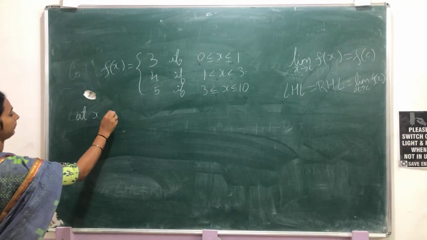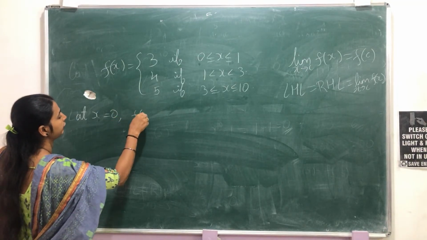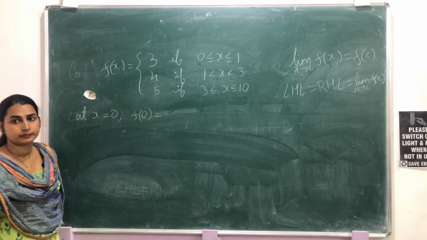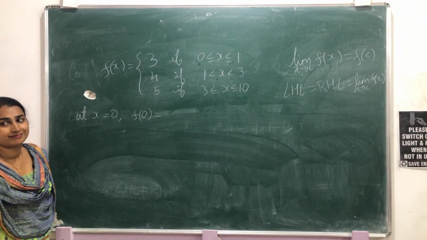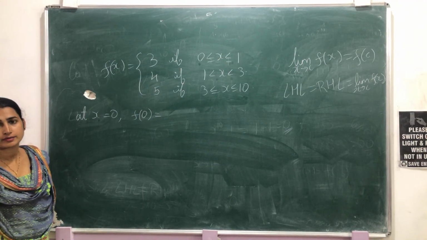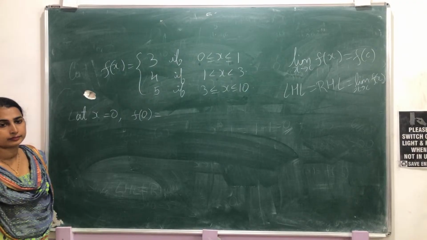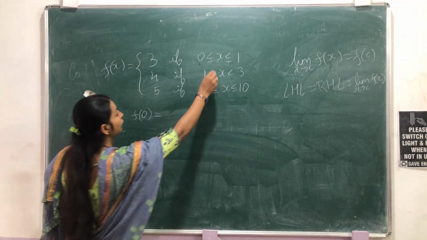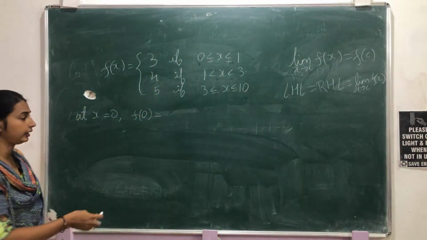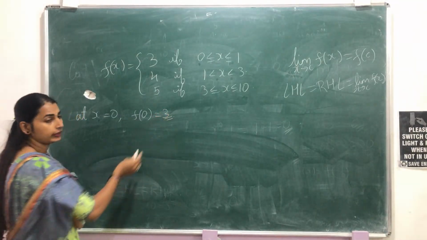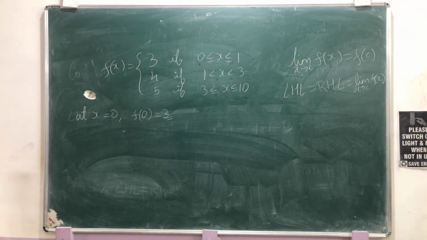At x equal to 0, what is f of 0? Equal to 0. What is given? 3. Nothing is there, so 3. You don't have anything to substitute for x.